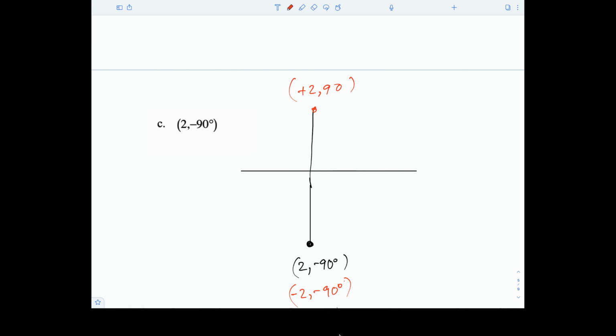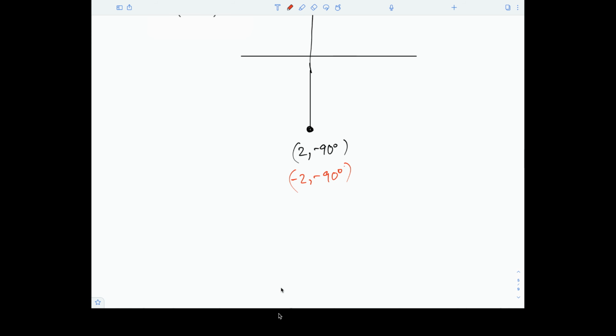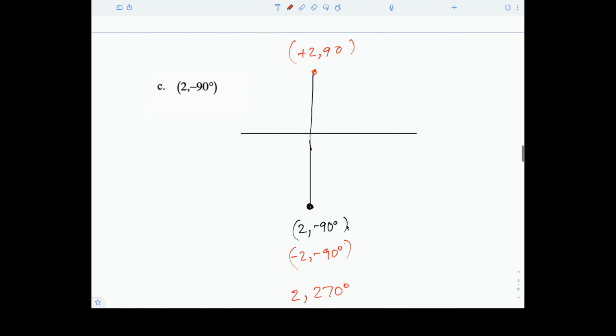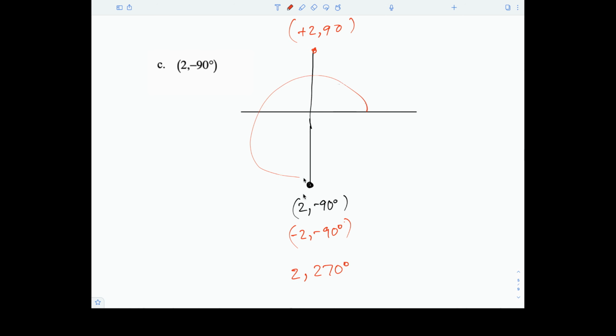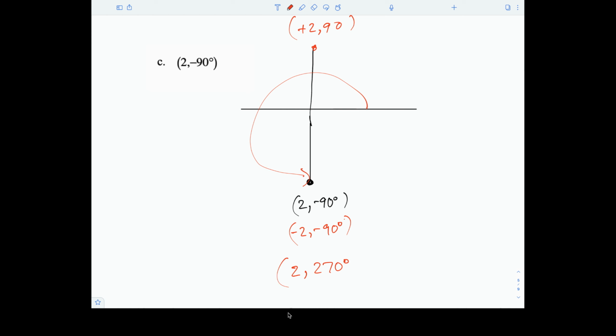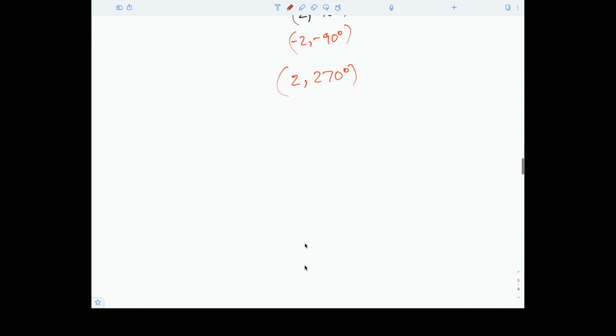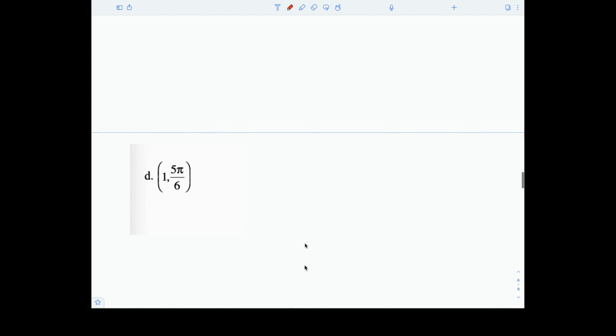But we can also simply say that this is 2, 270. This is pretty apparent. If we spun it around this way, it's 2 out at an angle of 270. So I'm just showing you 2 different ways. There are a lot of other ways we could say this. I exploited that a bit more in the previous example.